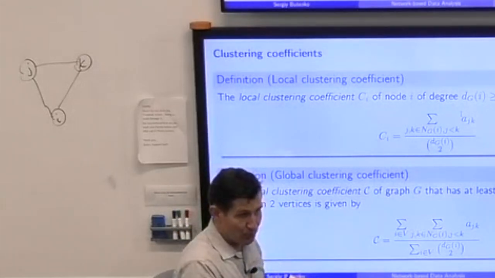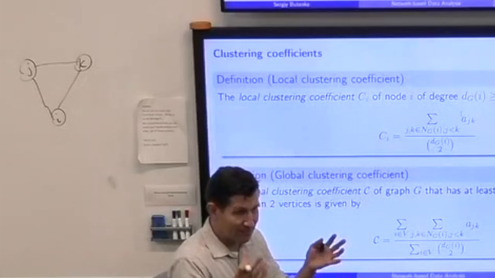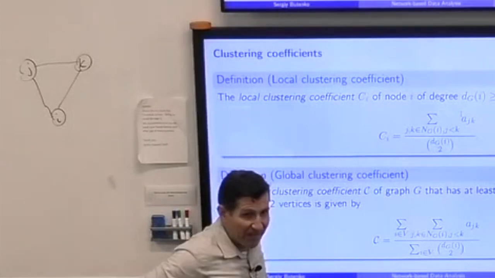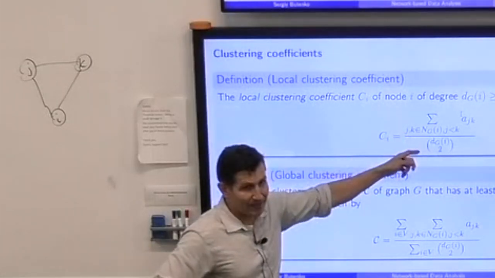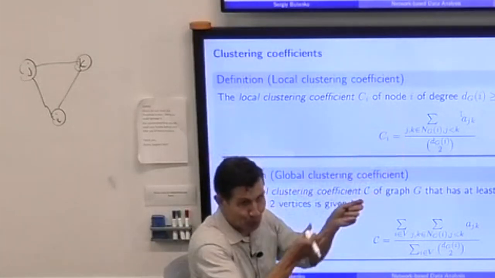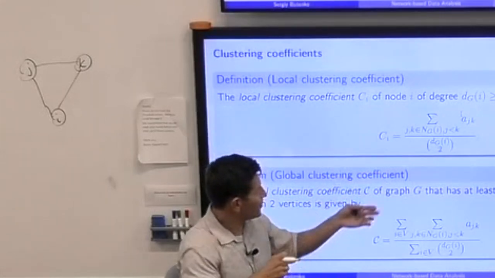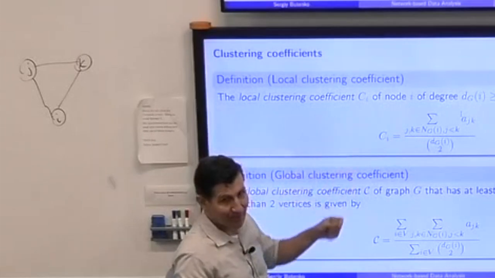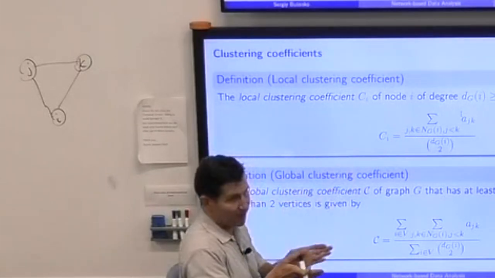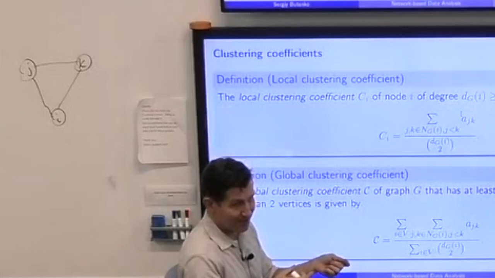So n choose 2 is what? n times n minus 1 over 2. So this is the number of pairs that you can pick from the given set. So this essentially is a local density of the neighborhood. You look at the edge density of the neighborhood of a given vertex I. So this is your local clustering coefficient.